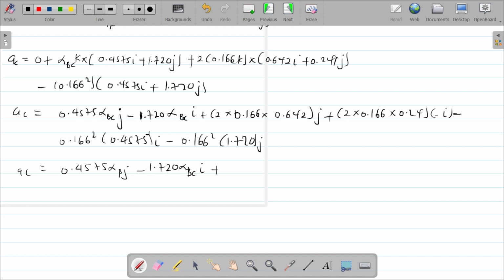0.642. Is it 0.642 or 0.0642? Come on, let's verify something. The positions, the velocity.